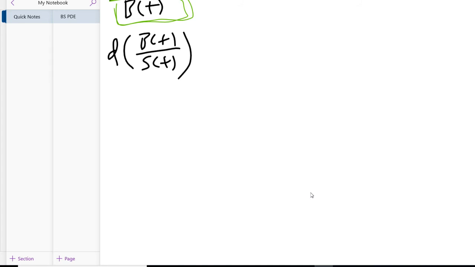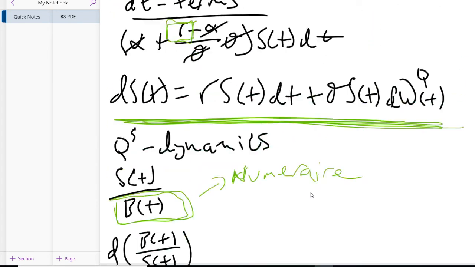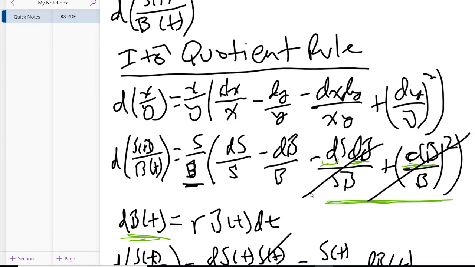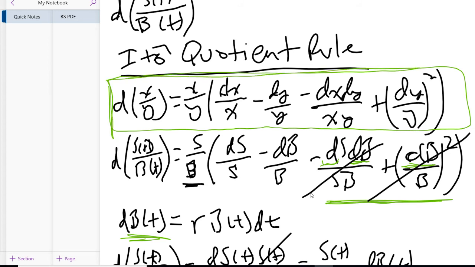If we recall the Ito quotient rule, to save some space and time, I'll tell you right now that in the earlier case the cross term and this term both fell out. Well, in this case, with S as the numeraire, only this term is going to fall out.